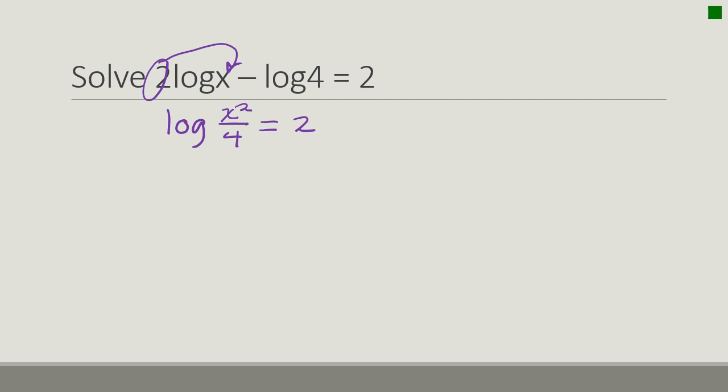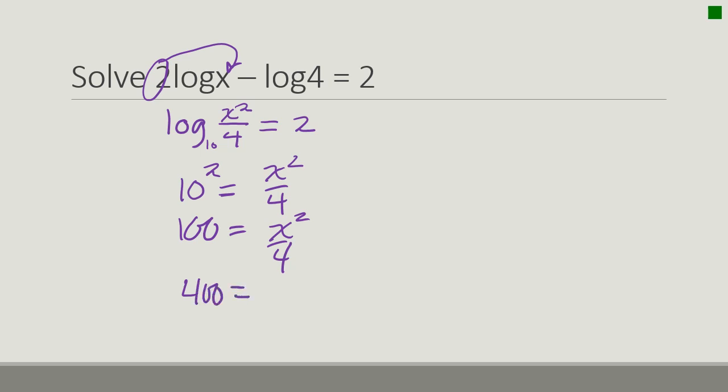And so now I can rewrite that as an exponential. Again, that base is 10 if there isn't one there. So 10 squared equals x squared over 4. So I'm going to get 100 equals x squared divided by 4. And then 400 equals x squared.